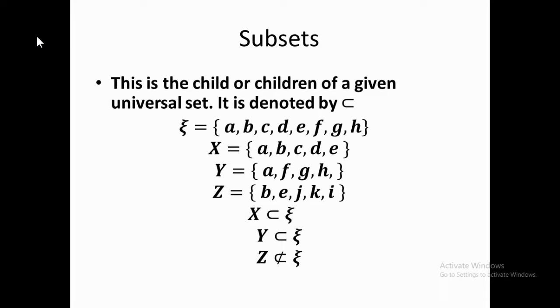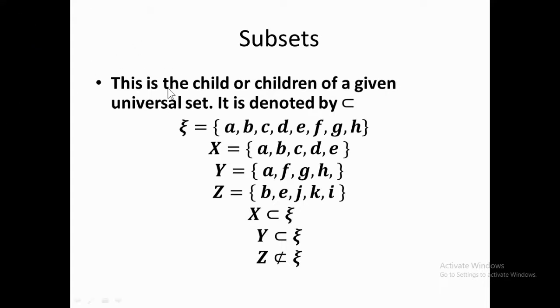Subsets of a particular set are just like children to a particular set. Let me use parents as an example. We have parents, and the children come from the parent. So we can say the parent is the universal set and their children are subsets of the parent, because they come from this parent.